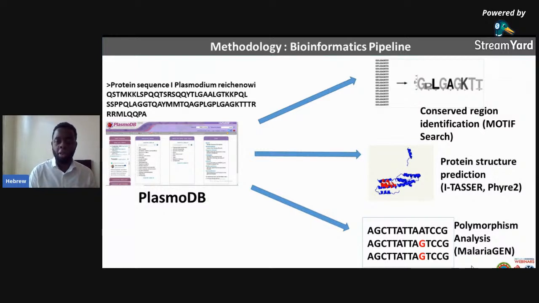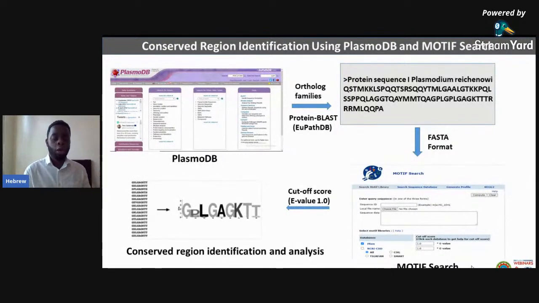We did this using I-TASSER and FFAS, both of which are fold threading algorithm databases. And polymorphism analysis was done using MalariaGEN, which I will explain further as we move on.